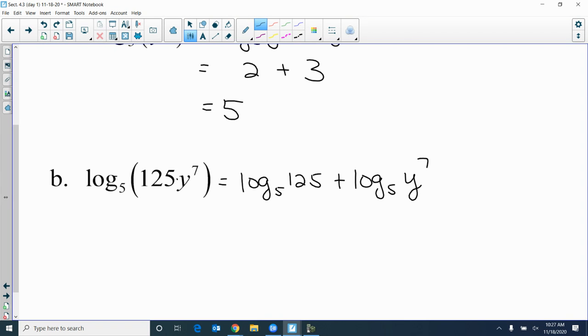This 7 is an exponent. It can go out in front. Now, it can't go in front of the whole thing, just in front of the log base 5 of y to the 7th. So I got log base 5 of 125 plus 7 times log base 5 of y.